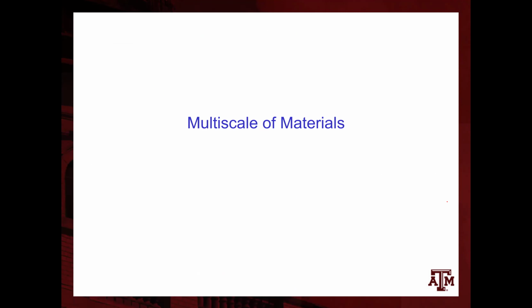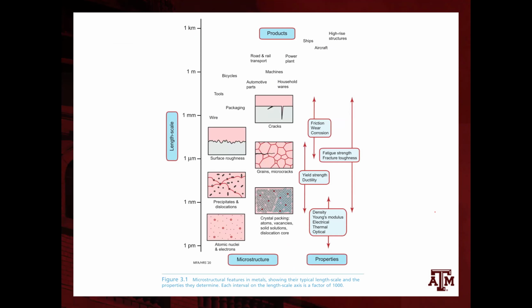So one thing also to keep in mind when we talk about materials is its inherent multi-scale nature. That's what we talked about at the very beginning when we talked about the different scales. If we look at the different features that we can see in materials at different scales, on the atomic scale, depending on the family of materials, we'll see the organization of atoms in different ways.